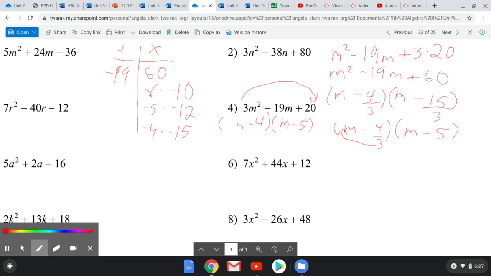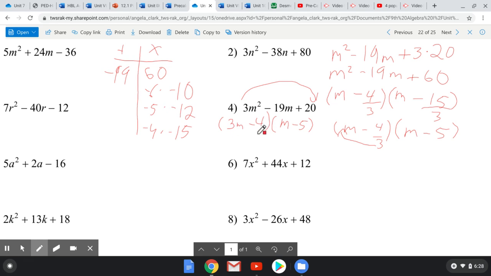And so when we've gotten to this point, a way that we can check and make sure that we've done this correctly is that we can just check the first and last term really quick. We don't need to check the middle term. Hopefully, if we've done this correctly in such a way that these multiply to 60 and add to negative 19, the middle term should turn out to be correct. But you could check all 3. You could multiply this out and make sure you get this. But a quick check is just to say, okay, if I multiply these two, do I get 3m squared?